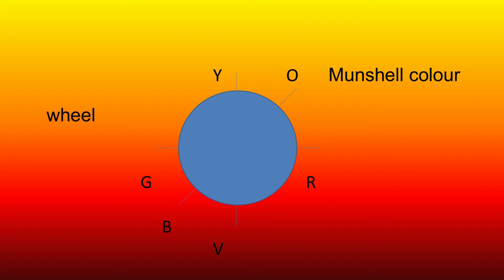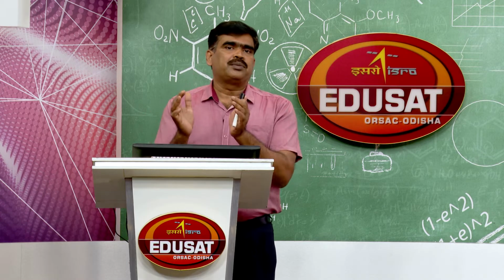You see orange, blue, O B, Y V, G R. Remember these three pairs: O B, Y V and G R. G R means green and red are complementary colors. It means if a transition metal compound absorbs red color, it will emit green color, and the substance will look green.